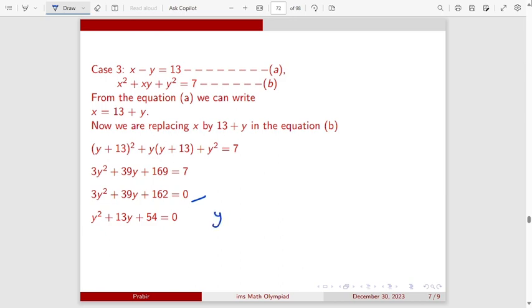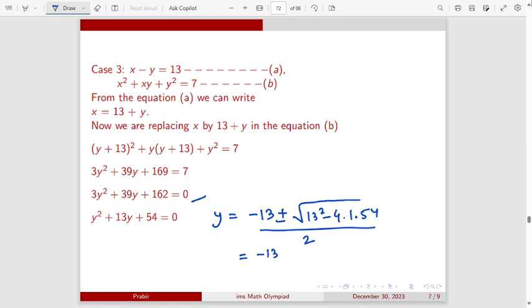What will be y? y equal to minus b, that is minus 13, plus minus the square root of b square minus 4ac. What is b square minus 4ac? That is 13 square minus 4 into 1 into 54, over 2a, which becomes minus 13 plus minus the square root of 169 minus 216.